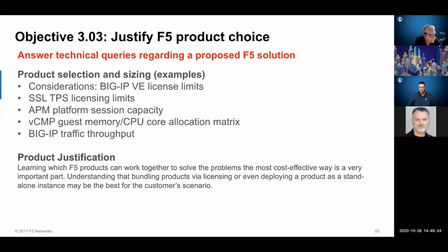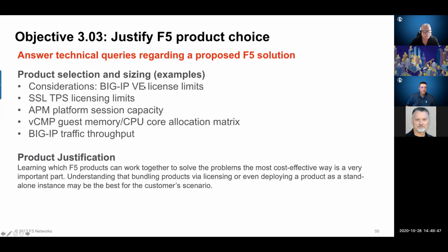And again, this is all part of the proposal. This section focuses on proposing a solution for the customer. Take into account those things: licensing, hardware. Especially TPS. I will guarantee you will get questions on TPS, transactions per second. Remember that. We're going to look a little bit of that on the data sheet side.